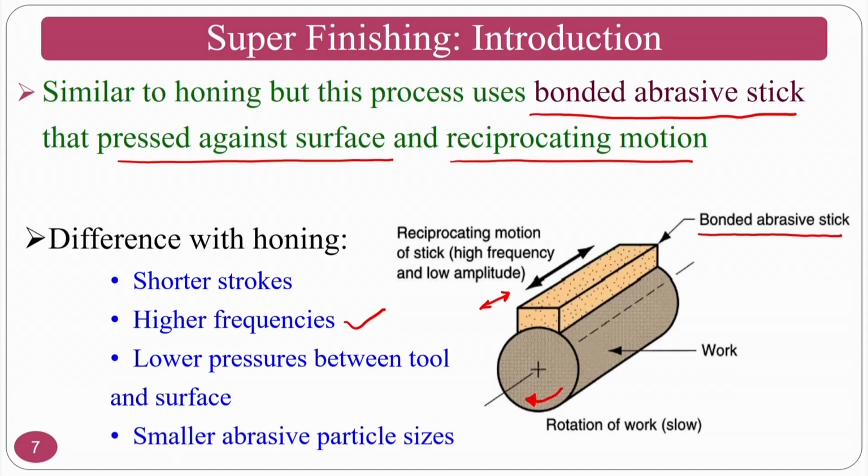Smaller abrasive particle sizes are also used compared to the honing process, because of which you get a better surface finish.